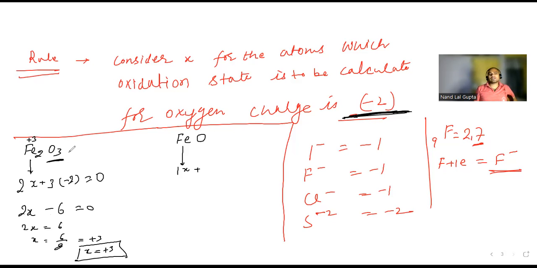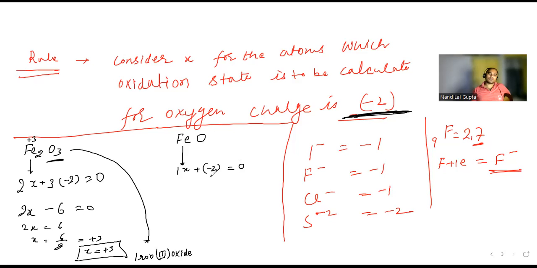Now if you are trying to write the name, how much charge is on iron? 3. Iron(III), and O is oxide. Iron(III) oxide. Now go for this one. Iron 1, oxygen 1, so -2, yes or no?